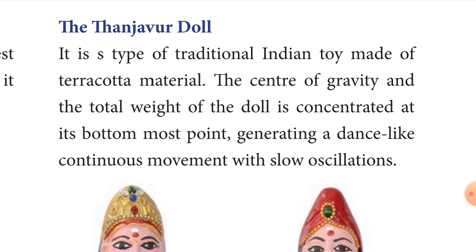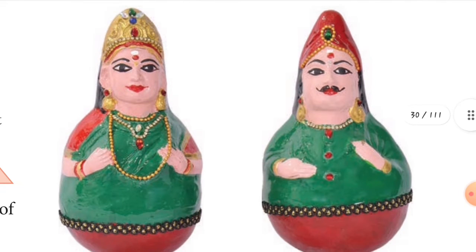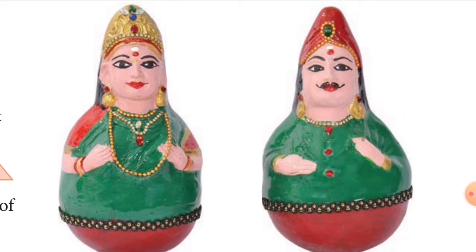See the Tanjavur doll. See the picture. It's a very beautiful picture, you know. This is one type of traditional toy made in Tanjavur, from terracotta material. Already you know. This is made up of what material, children? Terracotta material.